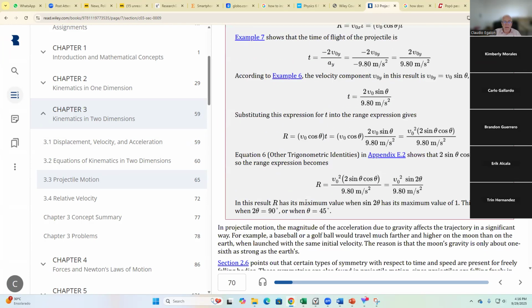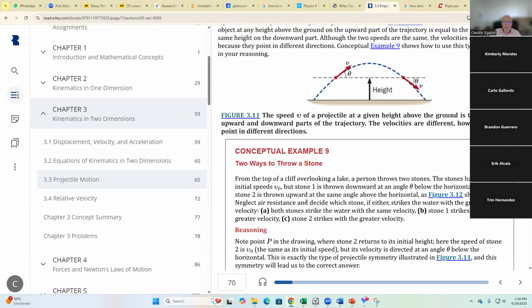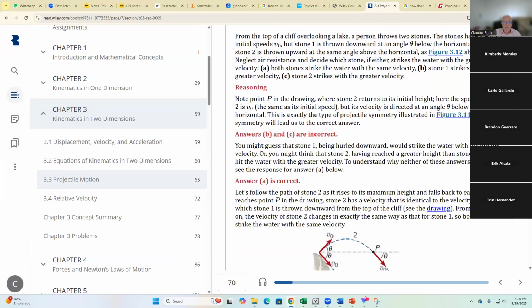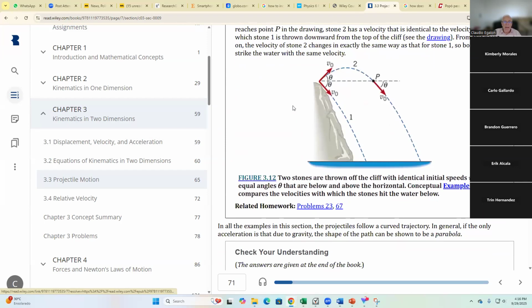We just did that, Example 8 in the book. And that's another type of problem too: range of a projectile when you launch it from an initial height. The equations of motion are similar, but now the initial height is no longer going to be 0. It's going to be something else.